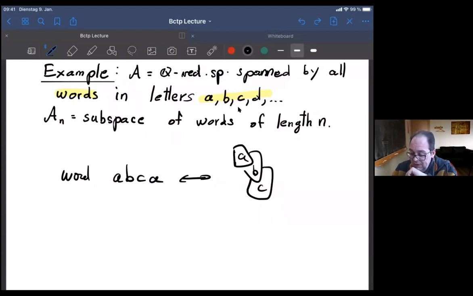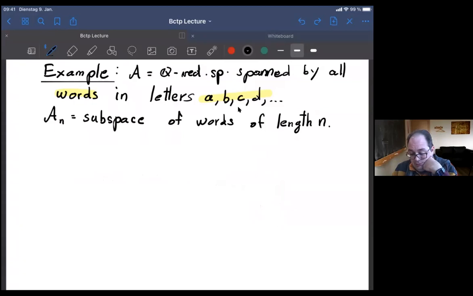And just like for the deck of cards, of course, the length of the word is like the number of cards in the deck, right? The number of letters. So let me define then A_n to be all words of length n, or if you like the analogy with the decks of cards, this is all possible linear combinations of decks of cards that have a certain number of cards.